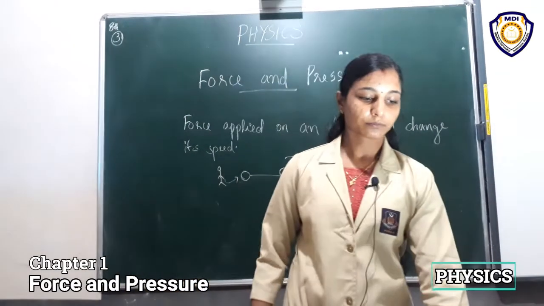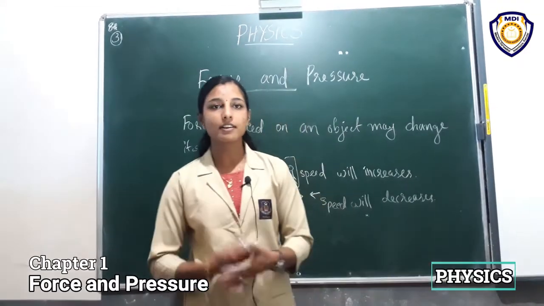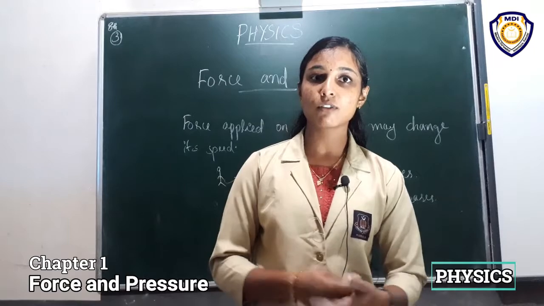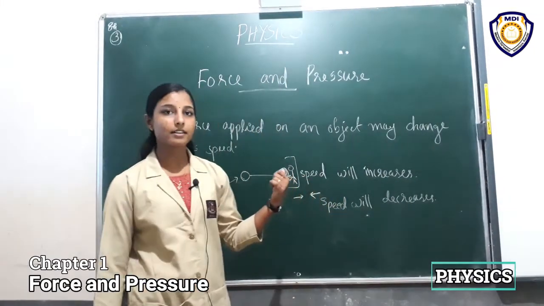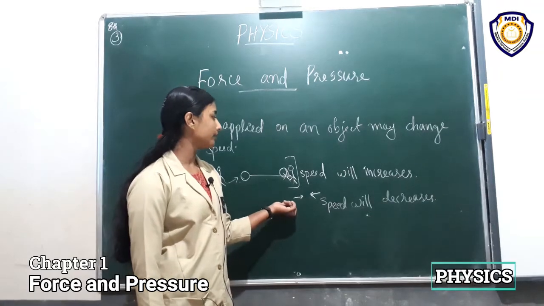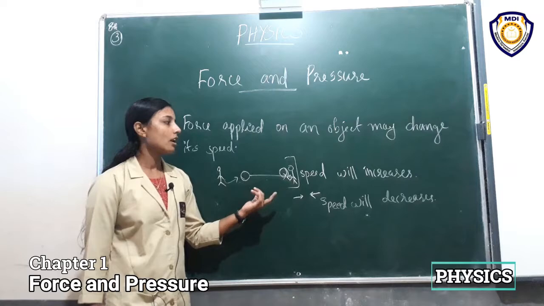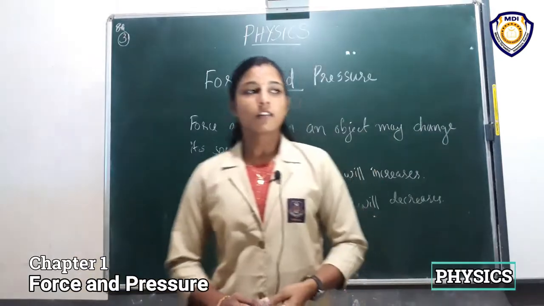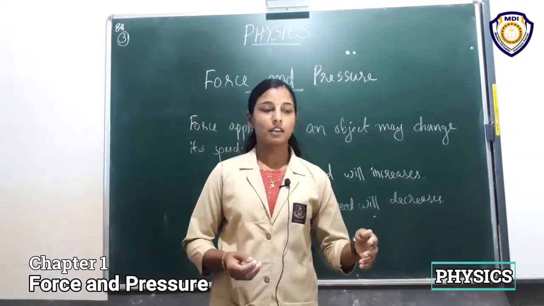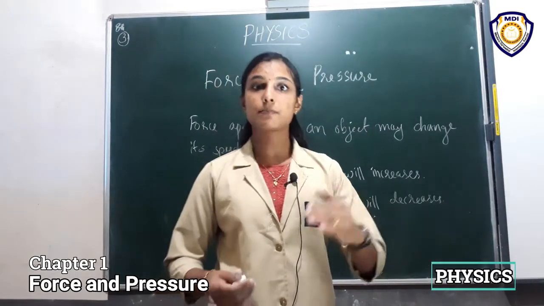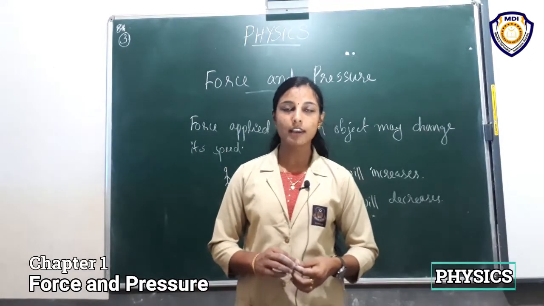So far we have discussed the effects of a force on an object, right? We said that the force applied on an object may change its state. We said that the state of motion of an object may be described by the speed of the object as well as the direction of the object, right?